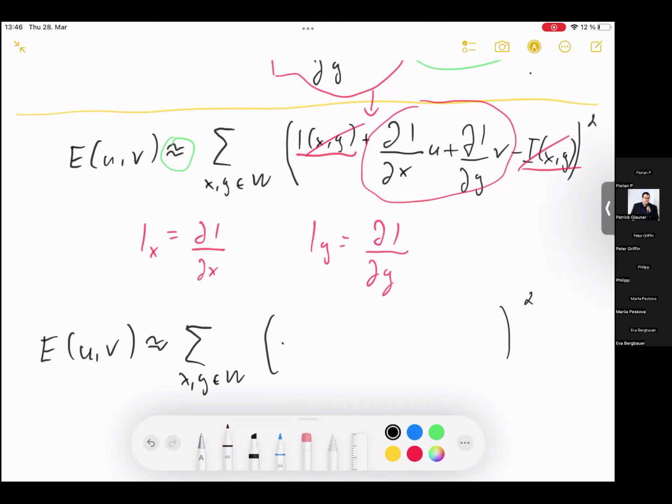So I take the u from above, and I write times Ix, because the Ix is this partial derivative, plus v comes from up here, times this partial derivative Iy. So I add these two terms and I square it.